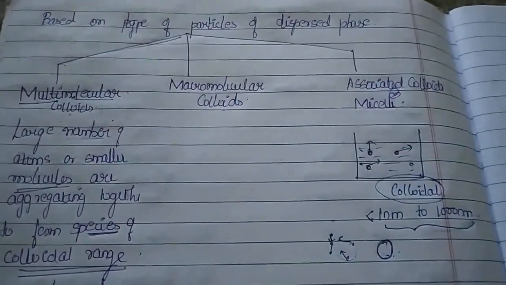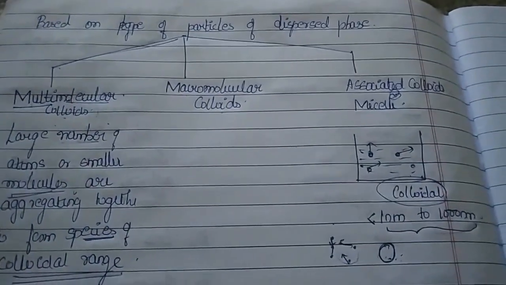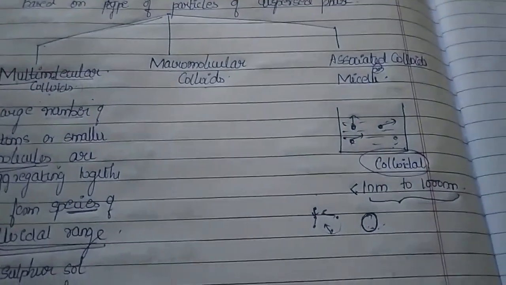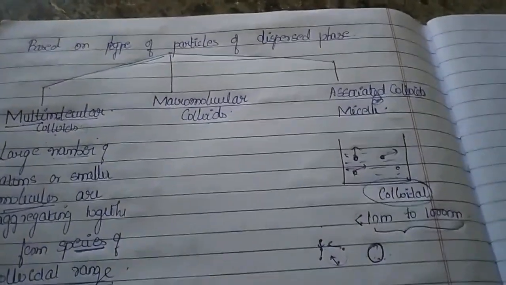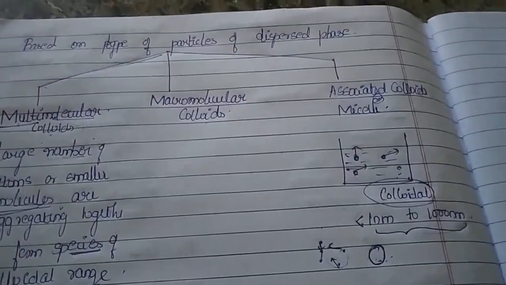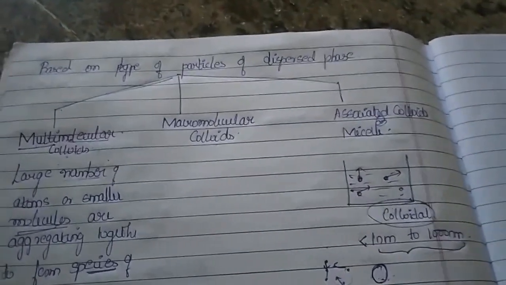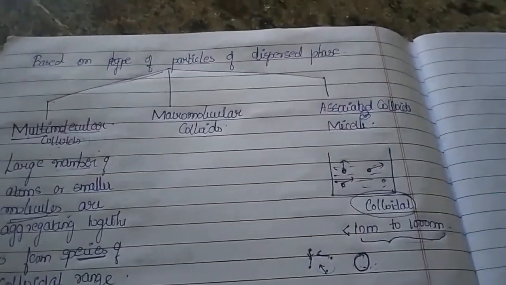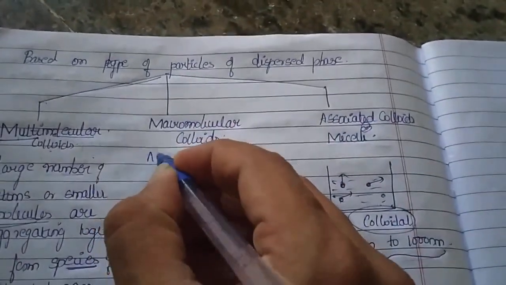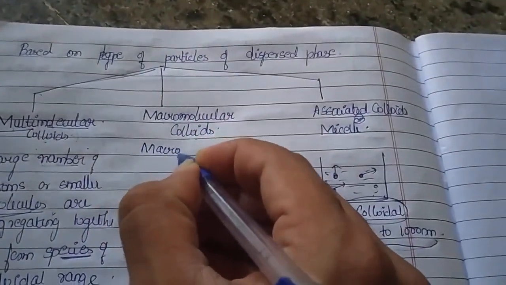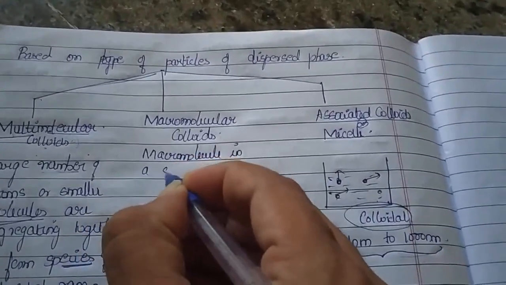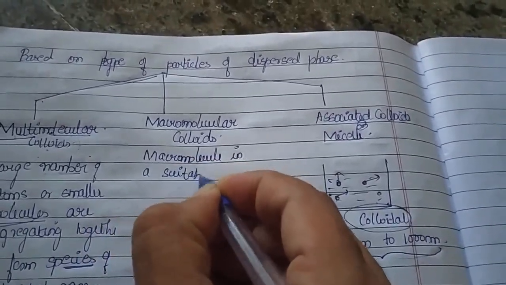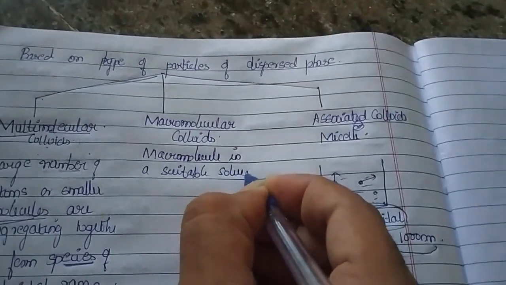Macromolecular colloids. The name itself tells what it is: macro. The molecule itself is big enough. So when that molecule is dissolved in a suitable solvent, what happens?